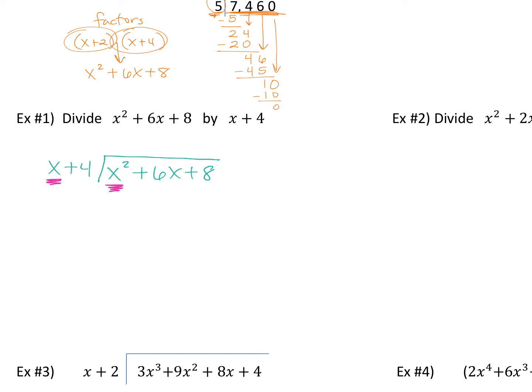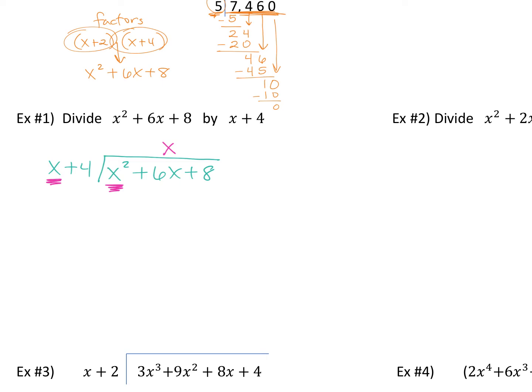You're gonna ask yourself the question, just like we did on that last problem, what could I multiply x by to get x squared? Or how many x's go into x squared, or x times what will go into x squared is a better way of saying that. So x times what equals x squared? That would be x, right? x times x is x squared. That means we're gonna put an x up top, and we want to keep our degrees together. So it's x to the first power, right? So I'm gonna put that above my first power x's, above the 6x.